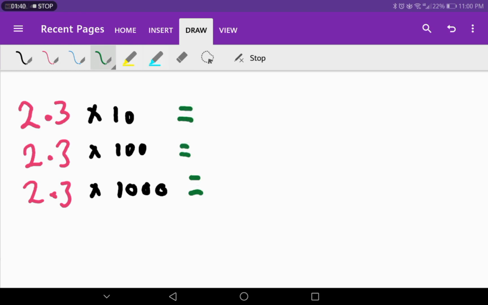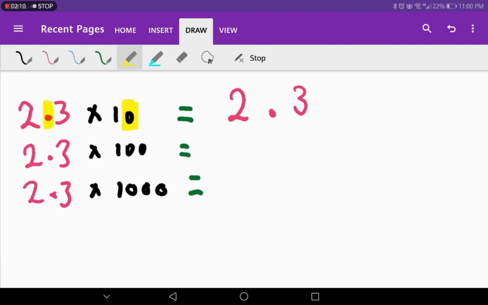If we multiply by 10, that means the number must be bigger. And to make the number bigger, we have to move this decimal point one step to the right. So it will be here. Yes? Okay. See how you have to solve this one, my dear student. The first step, you write the number as it is. The second step, you have to check how many zeros.